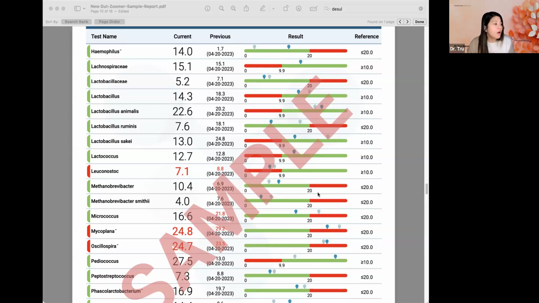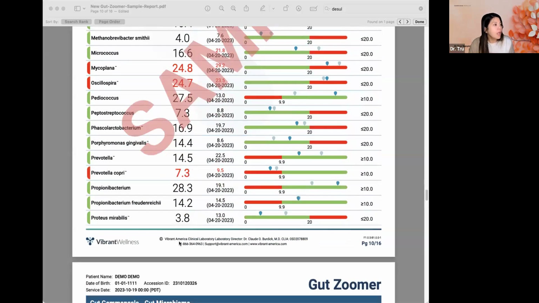Okay. All right. I want to mention a few more here. Streptococcus, these guys are usually in the stomach. And when they overgrow, you can have a lot of acid reflux problems and ulcers.